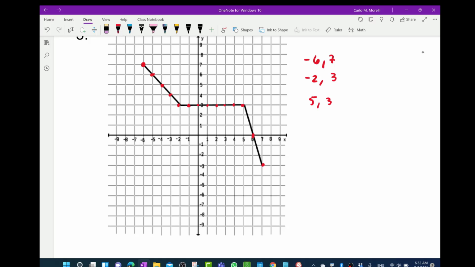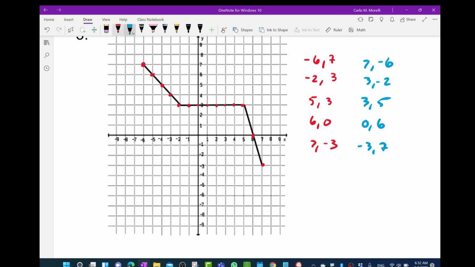Sorry, 6, 0, and then 7, negative 3. Okay, so the inverse would just be the opposite: 7, negative 6; 3, negative 2; 3, 5; 0, 6; negative 3, 7, and we'll plot those points.